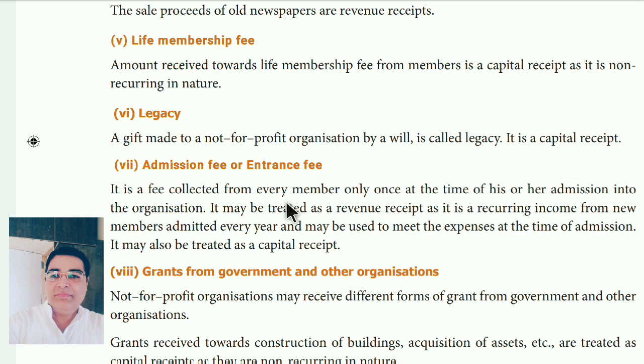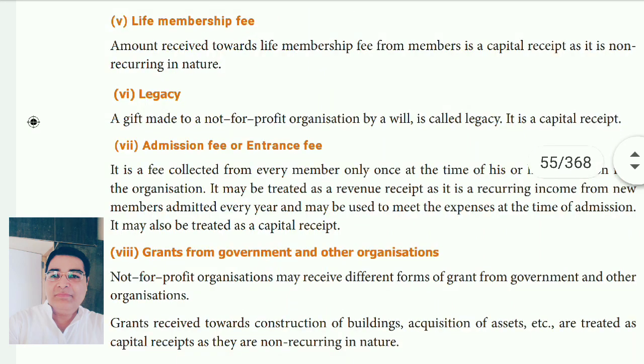Next item, which is very important, also in your textbook, this is the fourth short answer. Life membership fees. Amount received towards life membership fees from the members is a capital receipt, as it is not recurring in nature. So this is not a revenue receipt, this is a capital receipt.